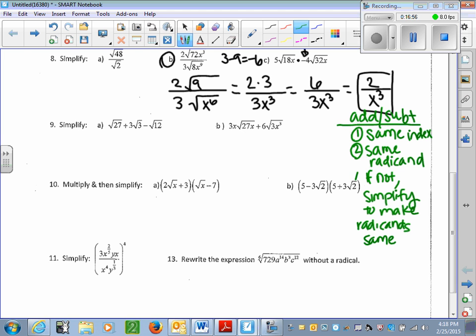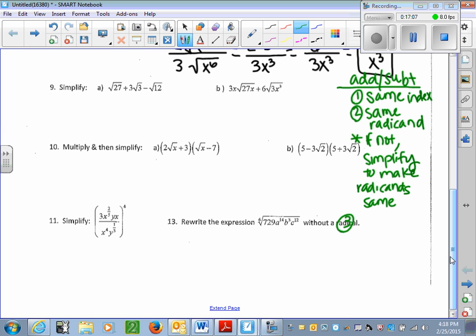Okay, so this is like a side step in step 2. All right, so if we get them to match, if we can, then we go on to step 3. If we can't, then we can't combine them and we stop and we go to the next question. But if we can make them match, then on step 3, we are going to add or subtract, depending on what we're doing, or what the problem tells us to do.